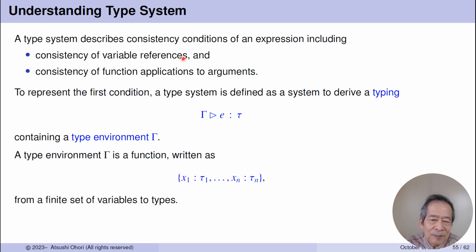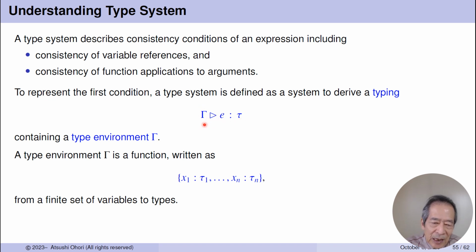That's meaningless. So to represent this first condition of consistency of variable references, a type system is defined as a system to derive a typing. This is a sentence of the form. This sentence is understood as: under this environment gamma, expression E has type tau.